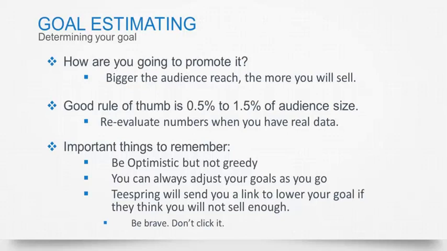Teespring is automatically monitoring the various campaigns. They want your shirts to go to print too, because that means they make money and you make money, right? So if Teespring's algorithm thinks for some reason that your shirt is not going to make its goal, they will send you an email. And in that email, it will have a link. Well, first it will say, hey, we noticed your campaign isn't selling quite as well as you had hoped.